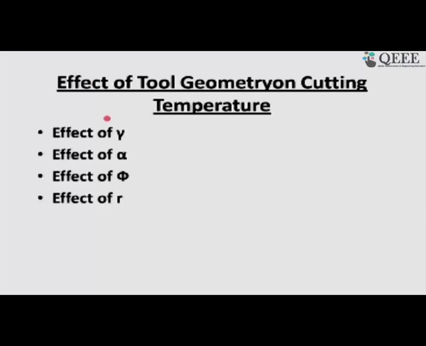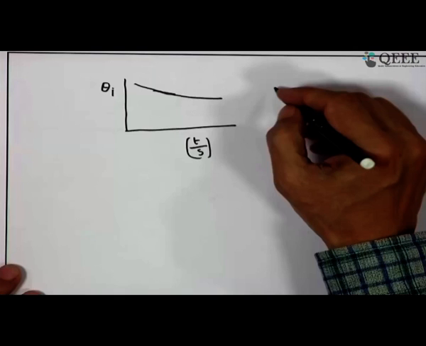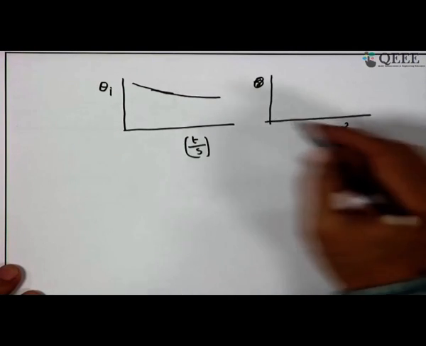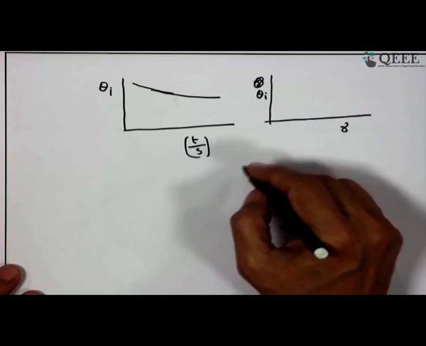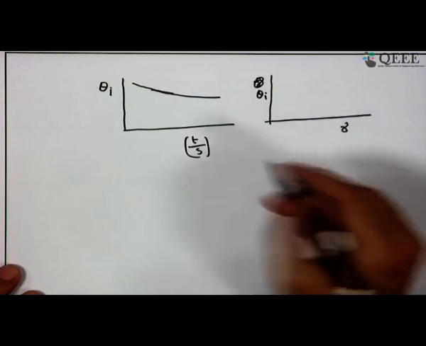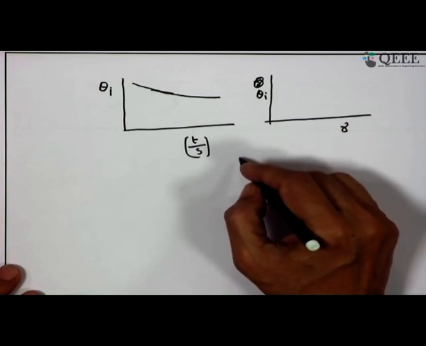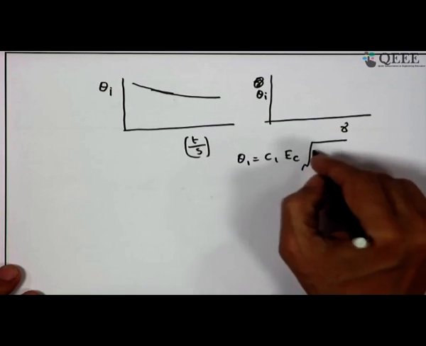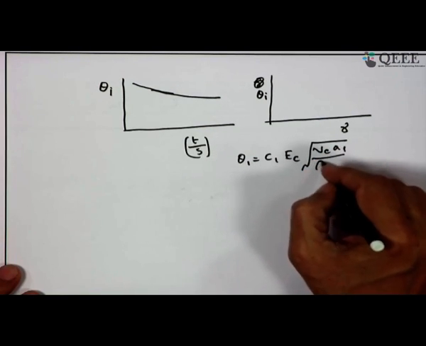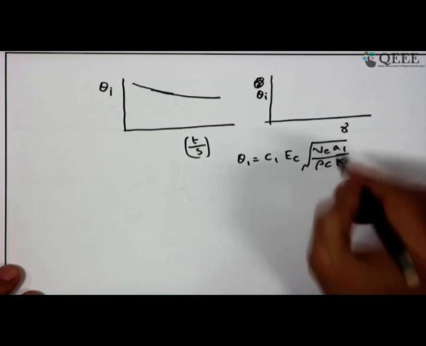Okay. So, effect of tool geometry on cutting temperature, obviously I have shown the effect of phi. Now, it is for the effect of gamma, the rake angle, and theta I. Obviously, you can understand that the cutting temperature theta I is equal to C1 into EC into root over Vc A1 by rho C K, conductivity.